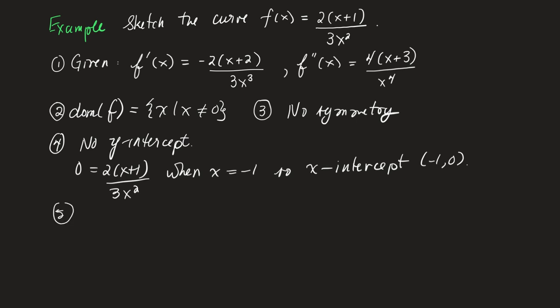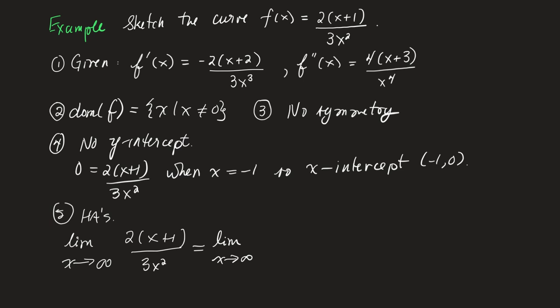Next, I'm going to consider asymptotes. So let's start with horizontal asymptotes. To find my horizontal asymptotes, I would like to consider the limit as x tends to infinity of 2x plus 1, that's my function, over 3x squared. And of course, that is equal to the limit as x tends to infinity of 2x over 3x squared, as we discussed in class.